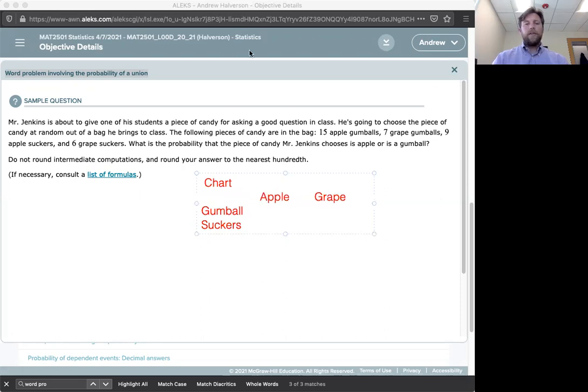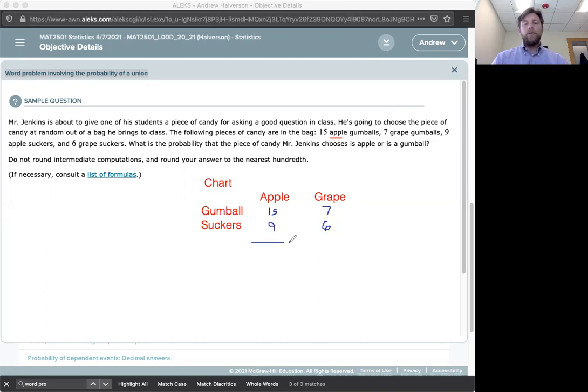Okay, so let's do it this way. We have 15 apple gumballs. So in the intersection between apple and gumball, we will write 15. Then we have 7 grape gumballs. So we'll do 7 grape gumballs, 9 apple suckers, and then 6 grape suckers.